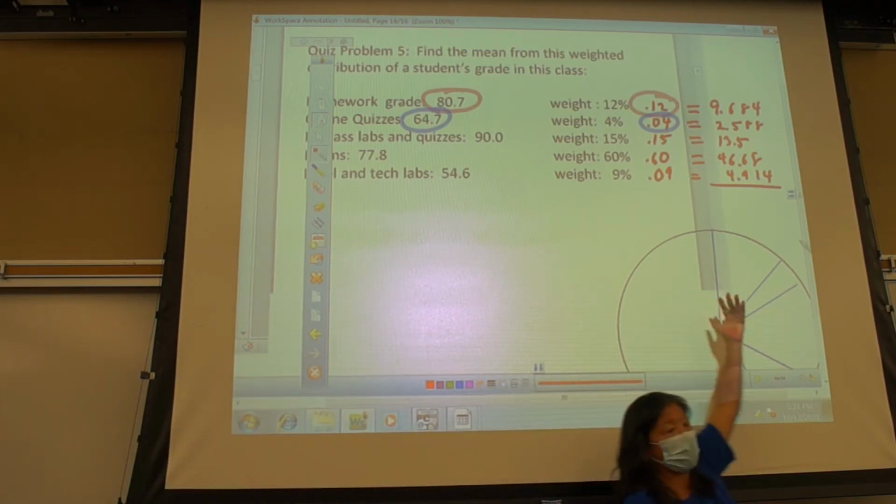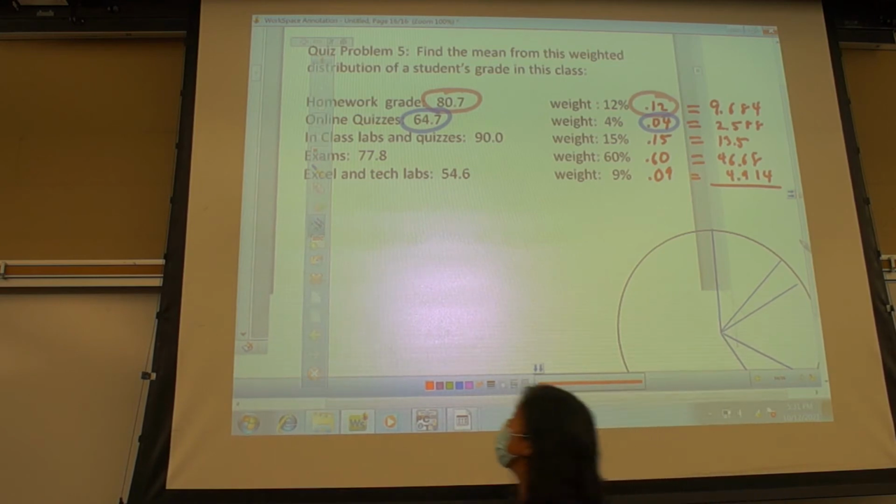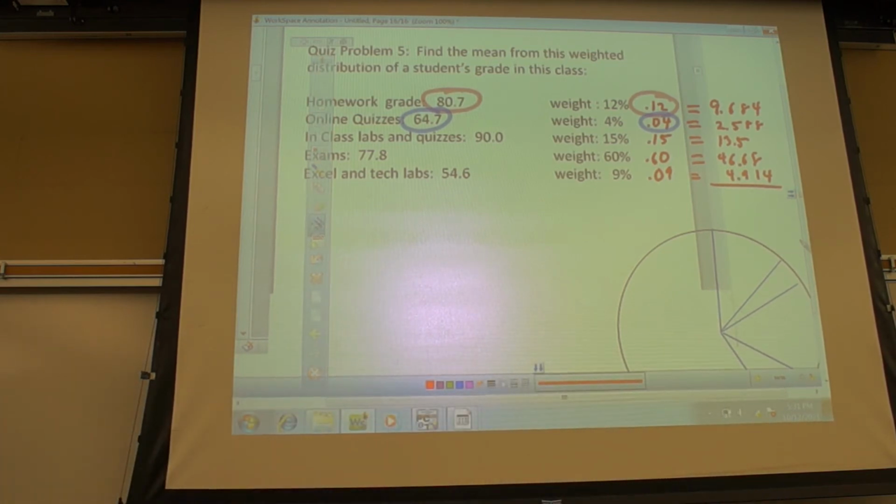All right, so now you're going to add them up, and you're going to divide by the sum of the weights. So I have to add my weights, I'll get 100%, which is just 1. If I add these up, I'll get 77.366, which I'm going to round to, let's see, this has 1 decimal place, so I want 2 decimal places, so I need to look at the next one.